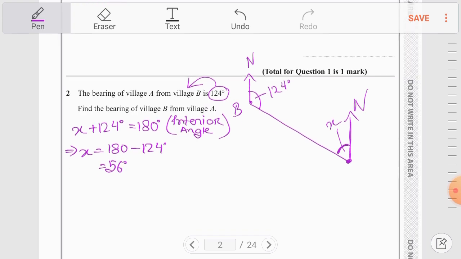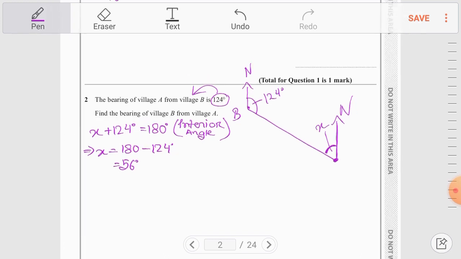But this was not what the question asked for. The question asked you to find the bearing of village B from village A. We already know that the bearing always starts from the north side of the specific point. So the bearing should start from this north of A and end with this line where it reaches B. This would be the actual bearing that our question has asked to find out.